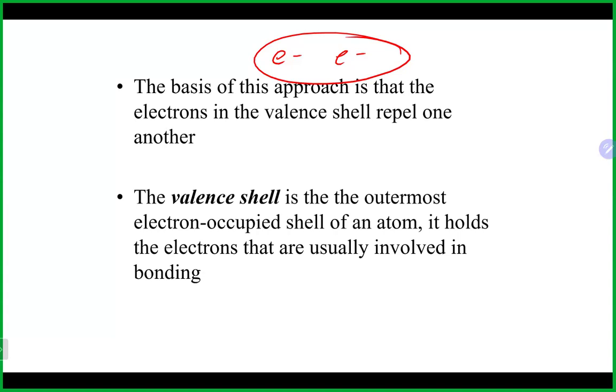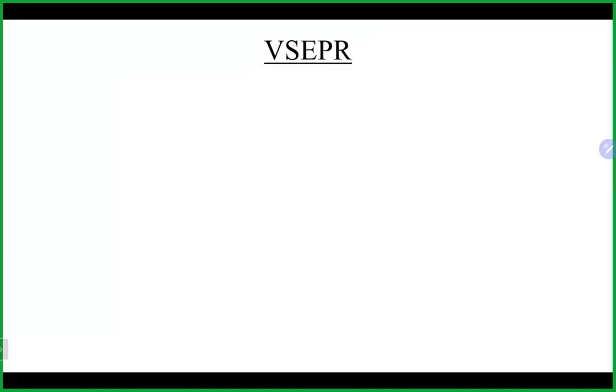They obviously can't escape because they're being shared in a bond, but they will continue to move away from each other as far as possible to maximize the space between them. This gives rise to the different geometries that we see.